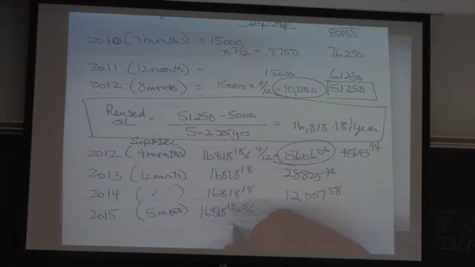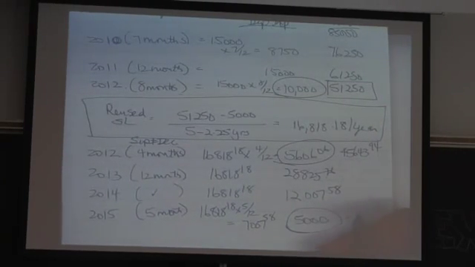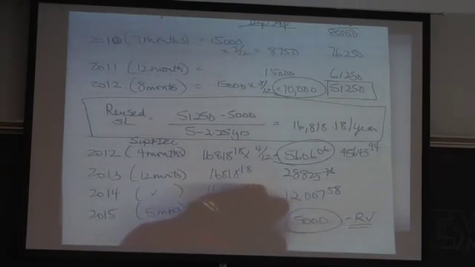That gives us 7,007.58. Net book value is 5,000. And we know that has to equal the residual value at the end of its useful life. Now, under the double declining balance, you'll see that we're going to do the same thing.